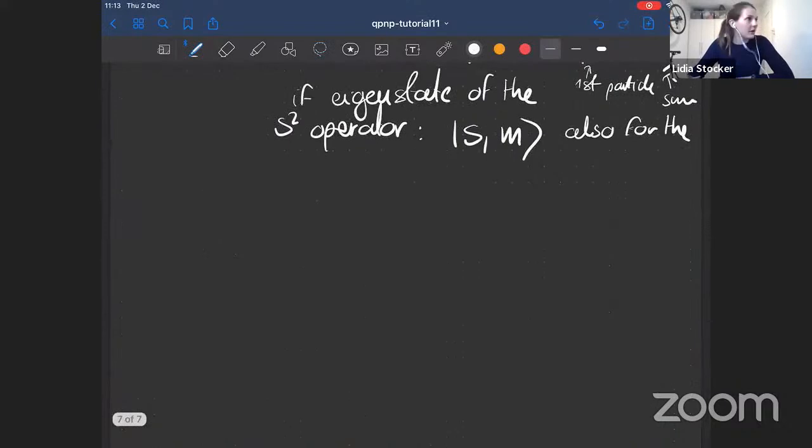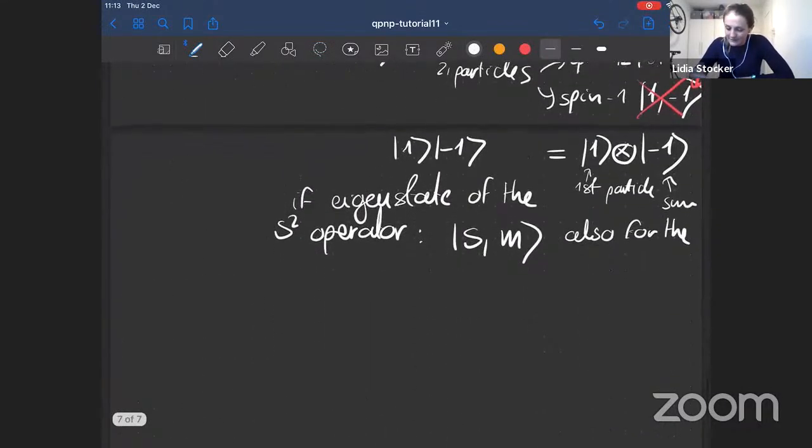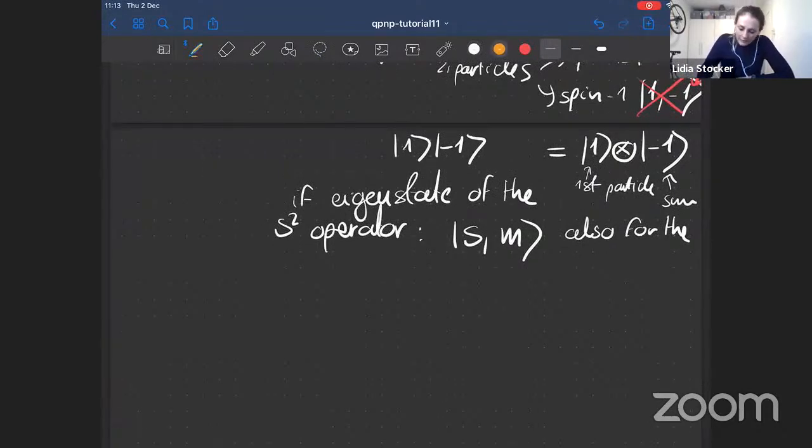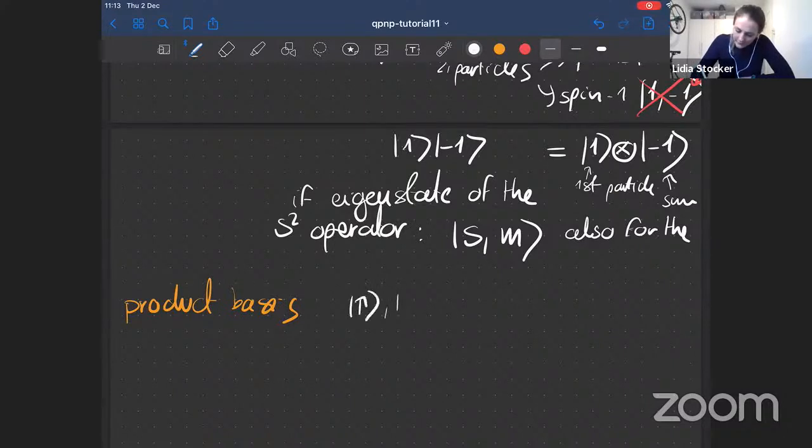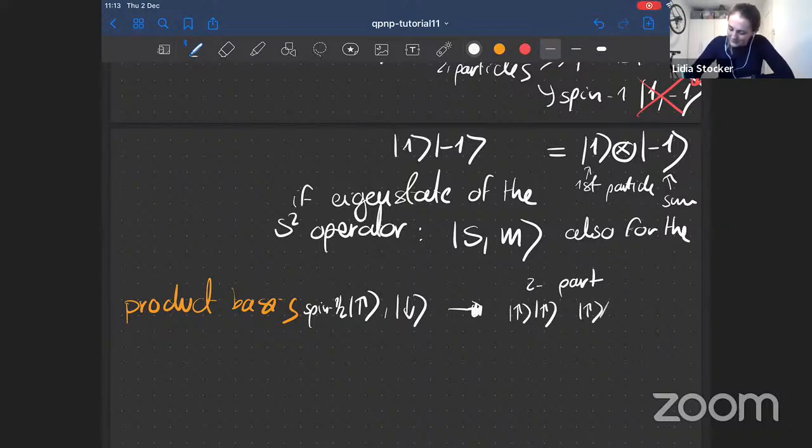And now a small comment about why this S2 operator and the basis. So the product basis, for example in up and down, so for spin 1/2, we have the two vectors, and then for two particles we will have up up, now I use what you suggested, which makes everything faster, up down, down up, and down down. So this is my product basis.